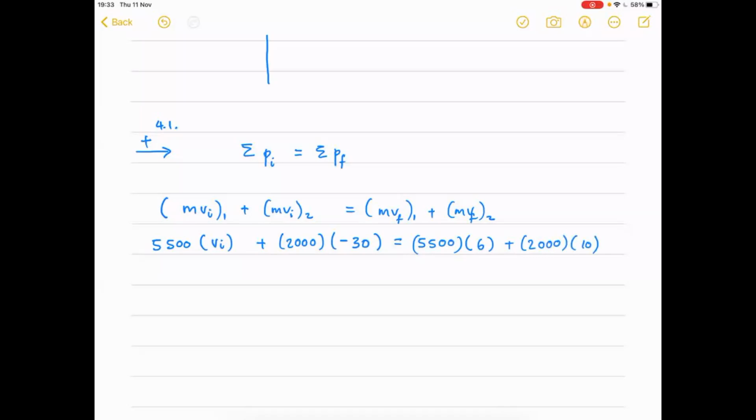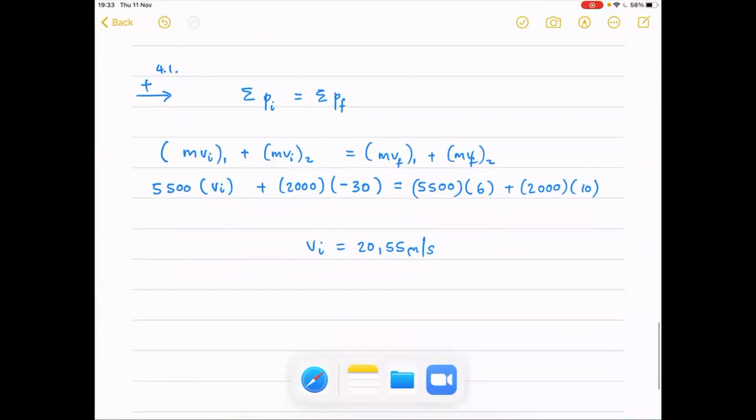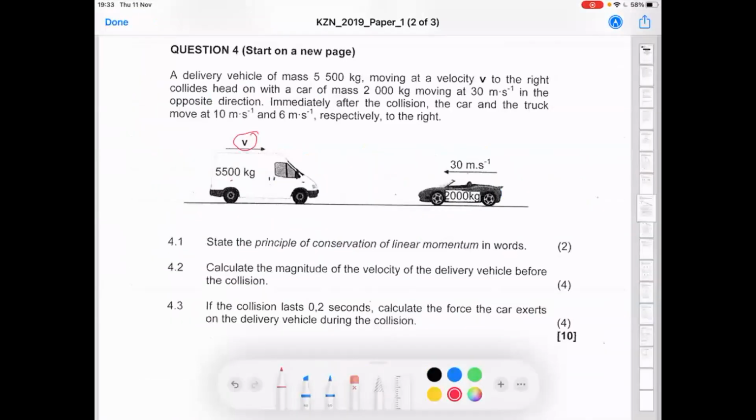Okay, and so we can put that into the calculator, and then you will get that the initial velocity was 20.55 meters per second. Okay, so that's how we calculate the initial velocity. Okay, 4.3.